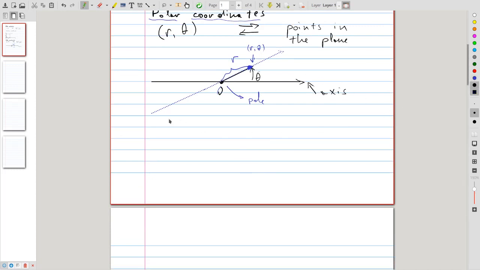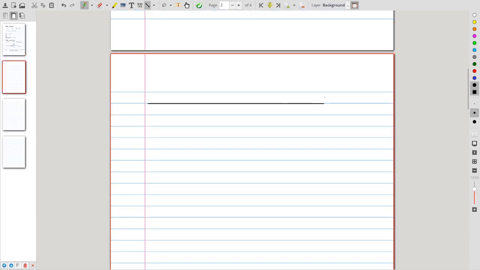So let's find the point with polar coordinates 1, 5 pi over 4. So the way to do it is, first you have to fix an axis and the position of the origin on it.